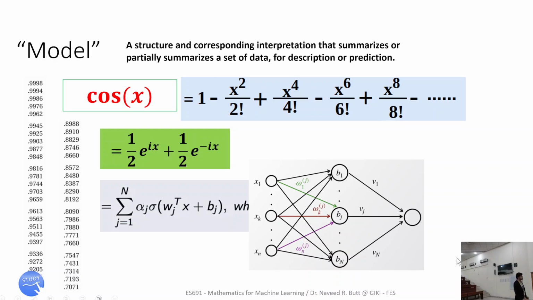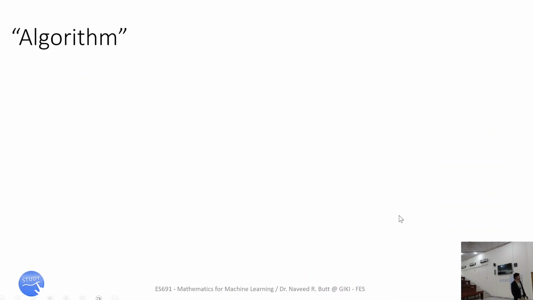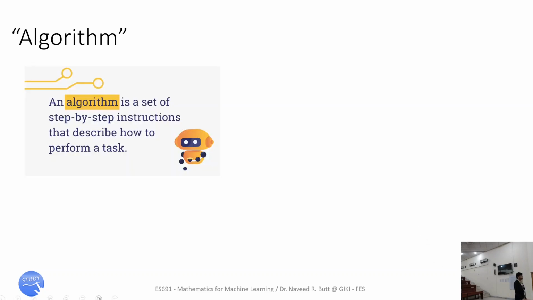So model ये हो गया, summarizes data for prediction and say algorithm क्या होता है? Set of rules or procedure that leads to some goal or something. It can also be something that describes how to perform a task from that perspective.